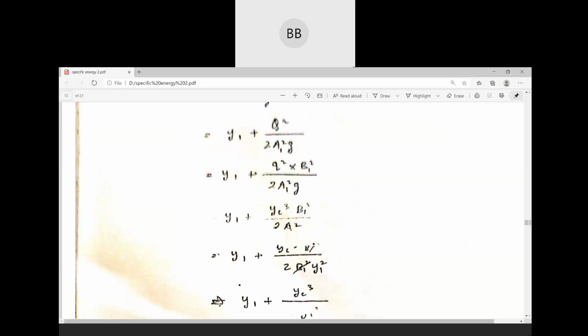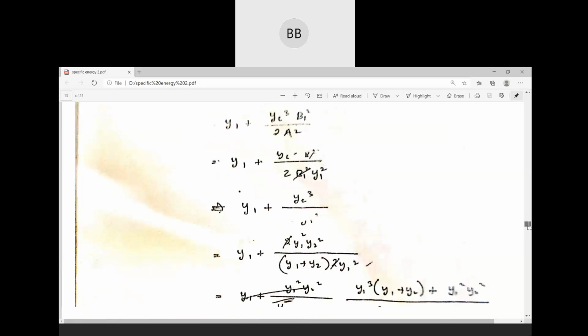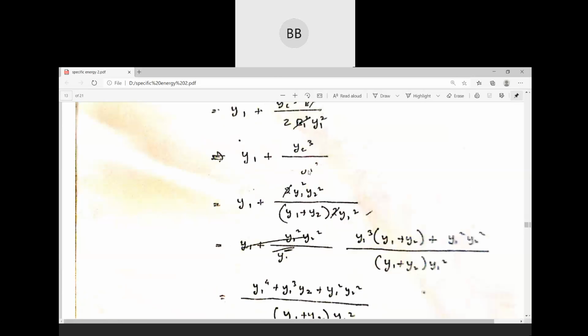Then in the next line, we replace that area by b1 square into y1 square. This b1 square will be cancelled out. What will be left is yc cube divided by twice y1 square. So y1 plus yc cube divided by twice y1 square.